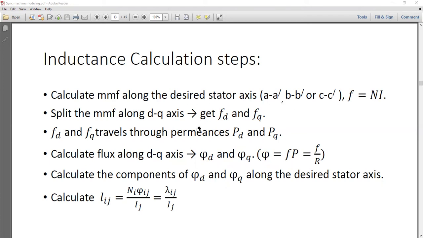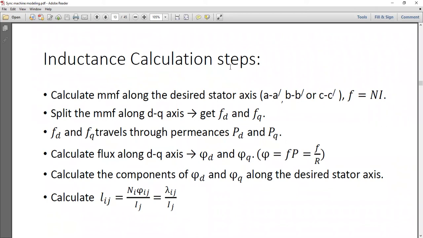Once we do that, we calculate the desired inductance. This is the inductance and flux linkage relationship: L equals lambda over I, because lambda equals Li. That is another way to calculate your flux linkage. So this is how we end our calculation of L.